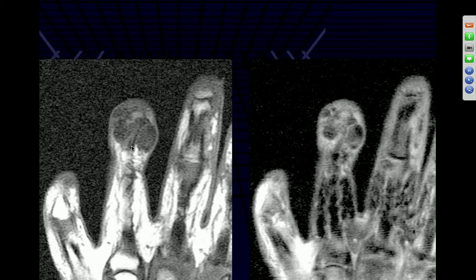Typical giant cell tumors of tendon sheath will be along the tendon sheath itself. This is more into the subcutaneous tissues rather than along the anatomic alignment of the tendon sheath. So I wouldn't really expect giant cell tumor in this peripheral location. And then typically these will be calcified, whereas giant cell tumors of tendon sheath can be, but not as commonly.